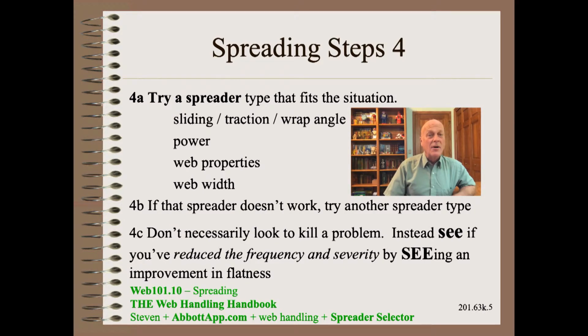Spreading step 4 is to then try a spreader that best fits that situation. Here, the application details you need to consider include traction, power, and web properties. If that spreader doesn't work after trying several adjustments, try another spreader. It is not unusual for there to be a couple of good candidates for most situations.